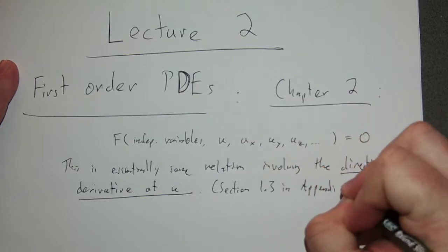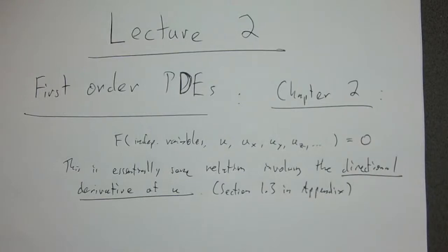We're going to use this a lot because a lot of our intuition about what a first order PDE says is going to come from the fact that it's a statement about the directional derivative. So in the simplest cases, for instance, it's some statement that something involving the directional derivative is equal to 0. This is going to be key for our understanding here.